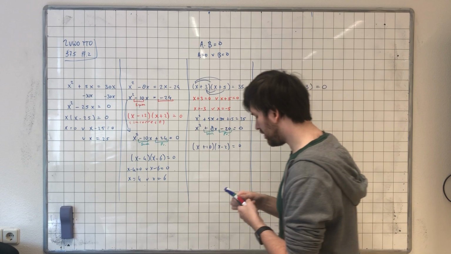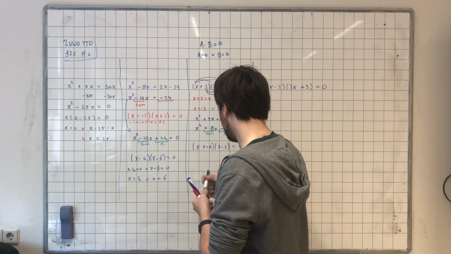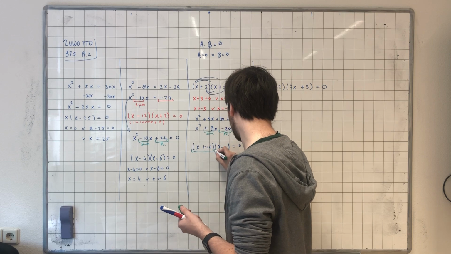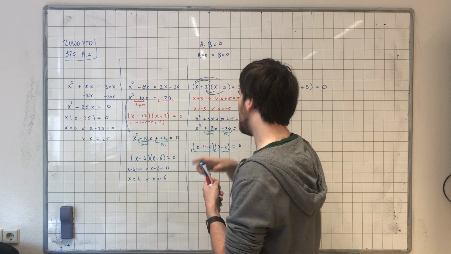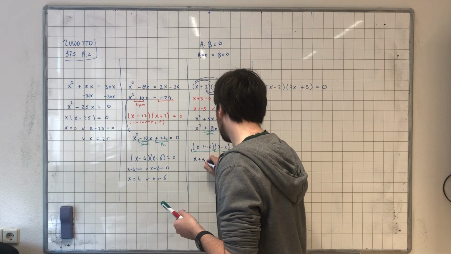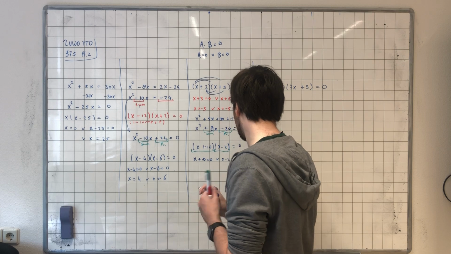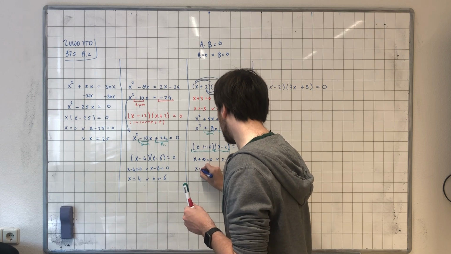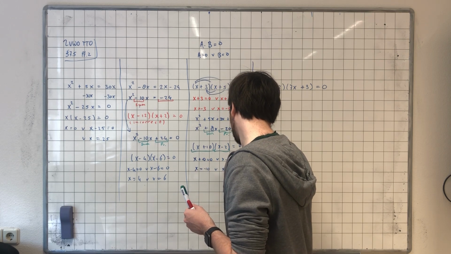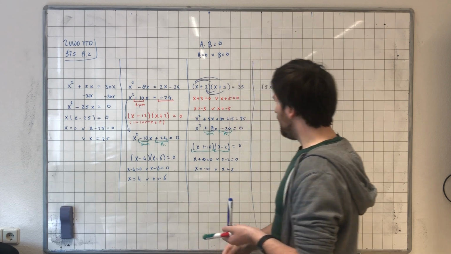Keep in mind, now I do have something times something else equals 0, and now I am allowed to say that x plus 10 is equal to 0, or x minus 2 is equal to 0, which means that x is minus 10 or x is 2.